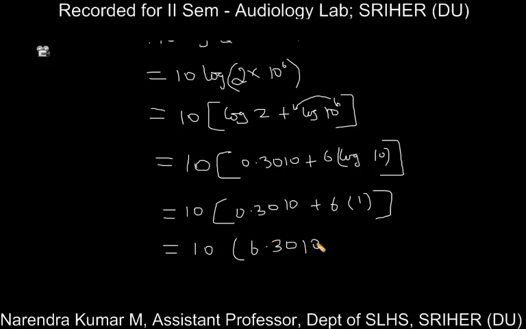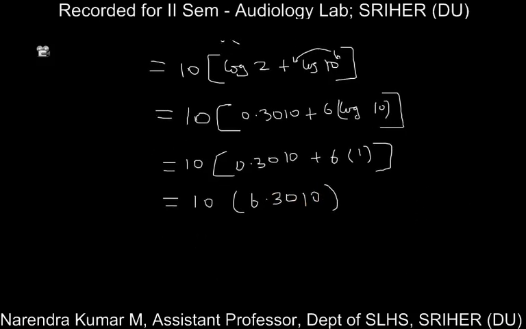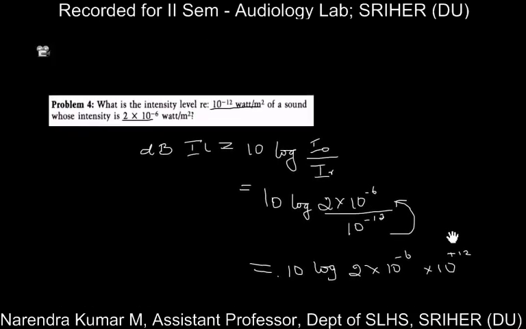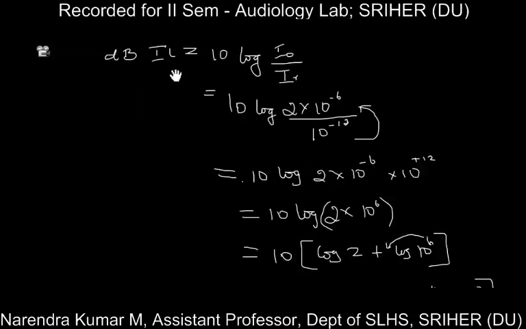The resultant value will be 63 decibels, 63.01. So 63 dBIL. An absolute value of 2 into 10 to the power minus 6 will result in 63 dBIL.